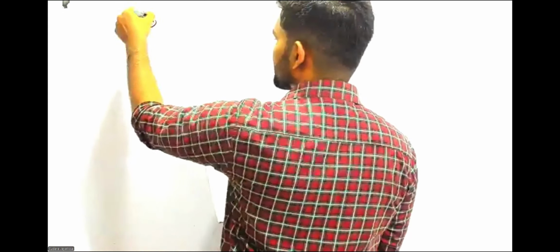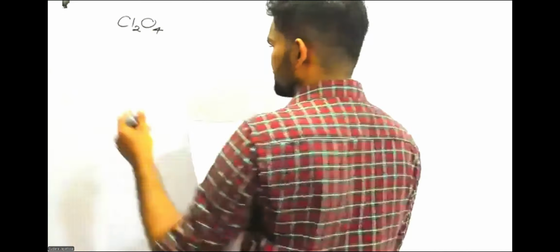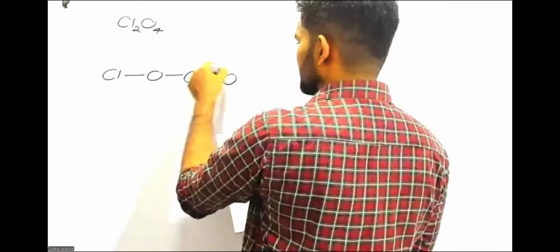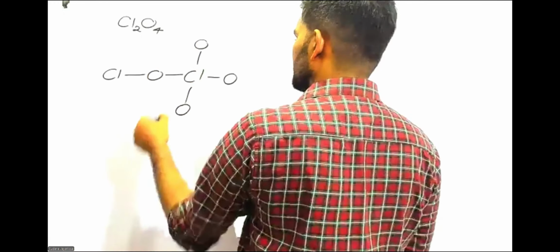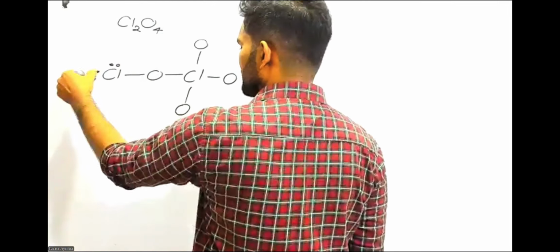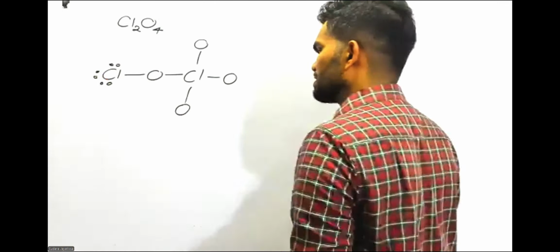Right, so Cl2O4. Cl2O4. So ClO, this is the skeleton. With practice now we know, right? If a halogen stays as a peripheral atom, it makes a single bond.